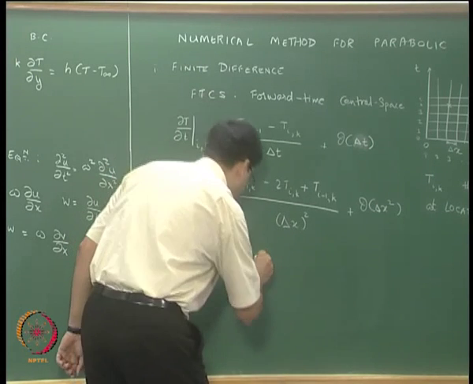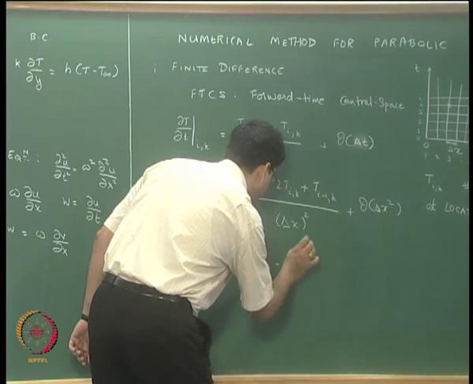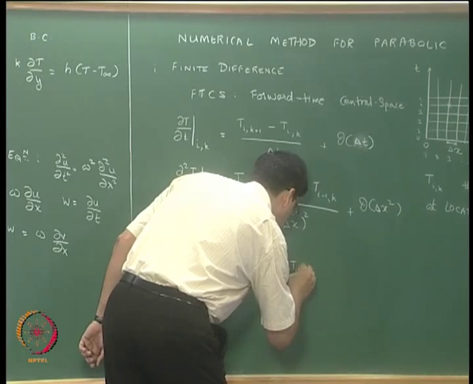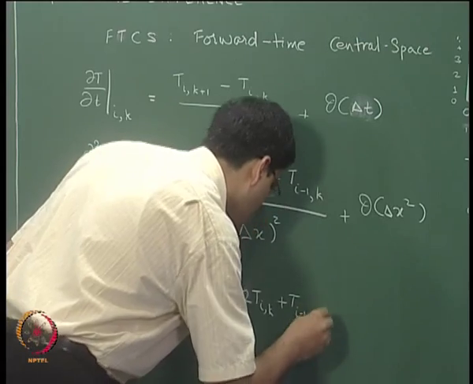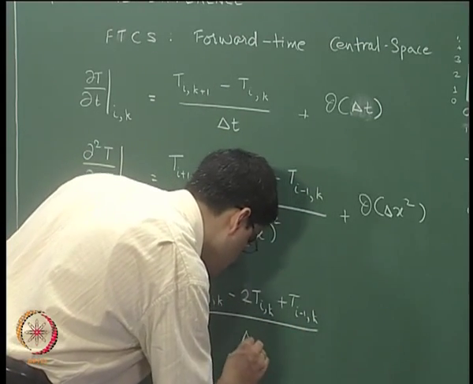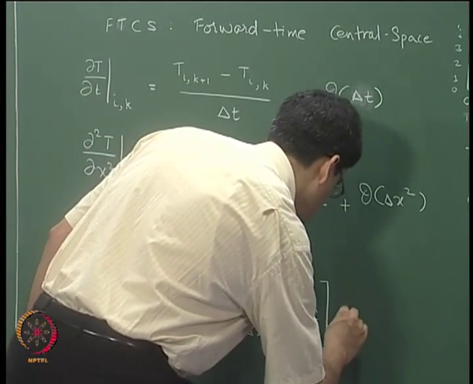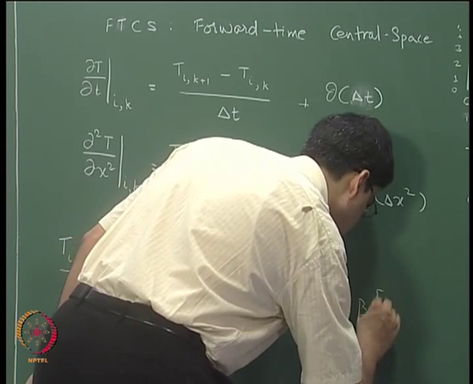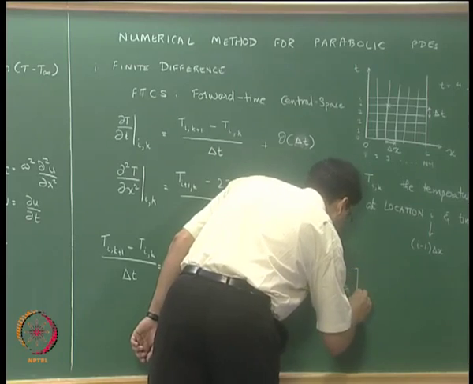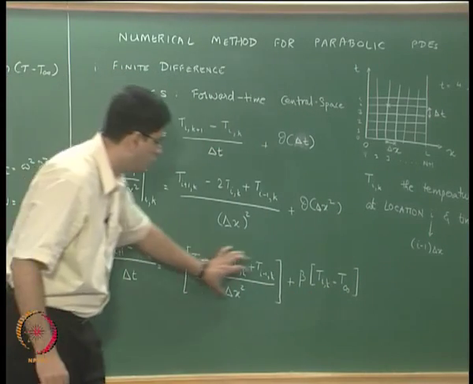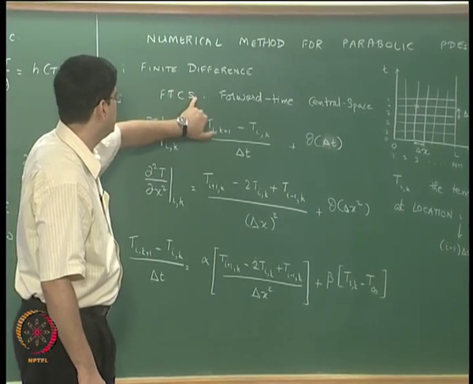So alpha multiplied by T(I+1) minus 2 T(I) plus T(I-1) over delta x squared, plus beta multiplied by T(I,k) minus T infinity. This is going to be our overall expression for the scheme, which is the forward in time, central in space, finite difference scheme.